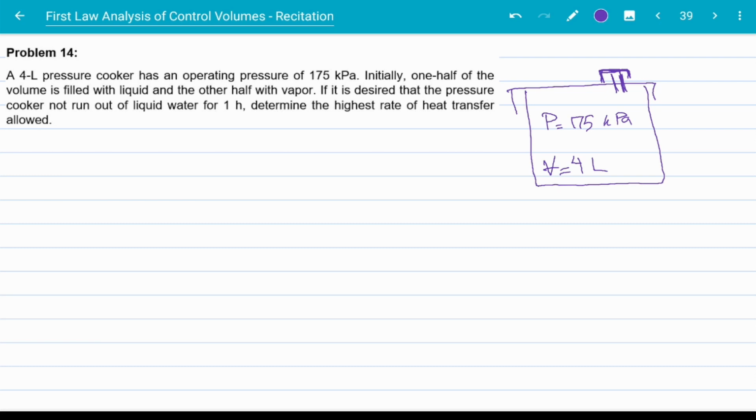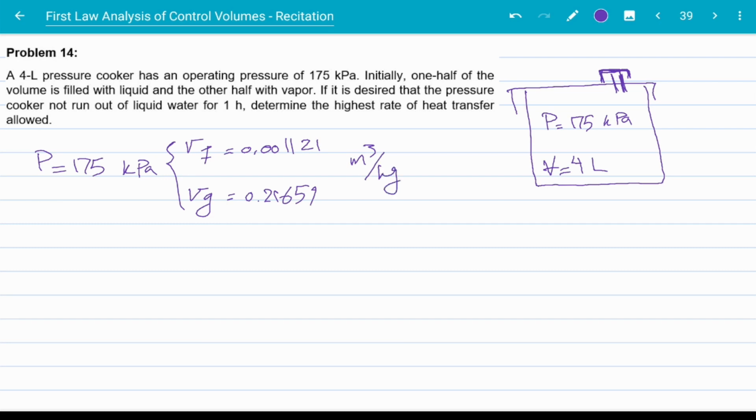So first of all, let's see how much liquid mass we have in this cooker. I'm going to check the tables for the pressure of 175 kilopascals and read that the specific volume of saturated fluid is 0.001121 and saturated vapor is 0.21659, both in meters cubed per kilogram.